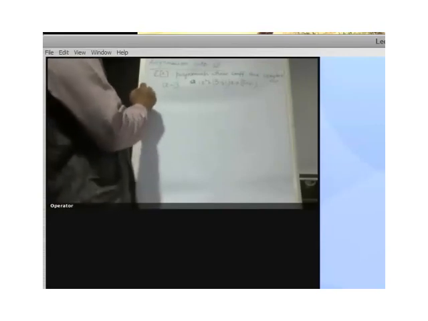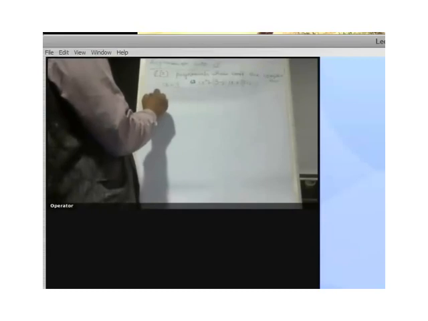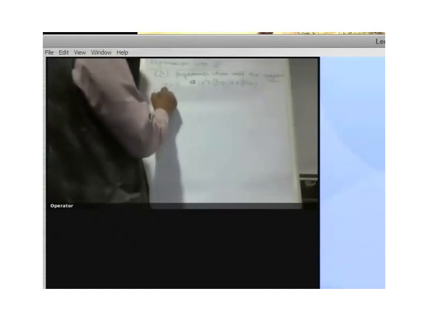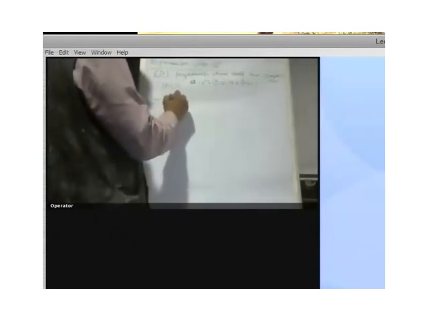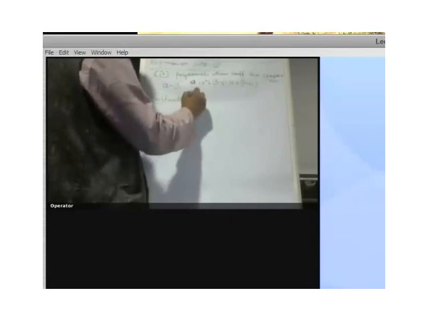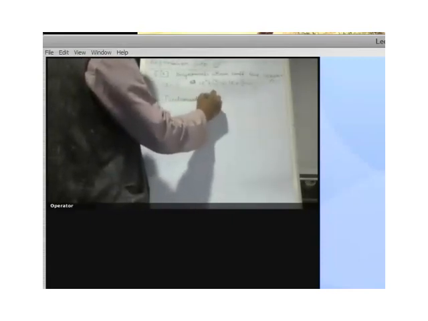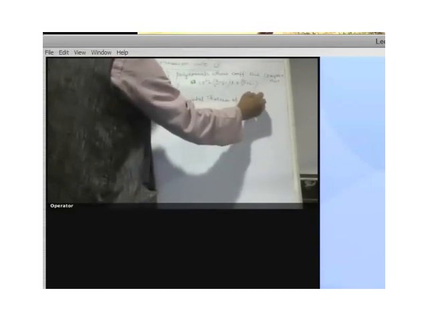Now, this is one of the most celebrated theorems of mathematics. It is called the fundamental theorem of algebra. Its statement is so simple, but its consequences are huge.